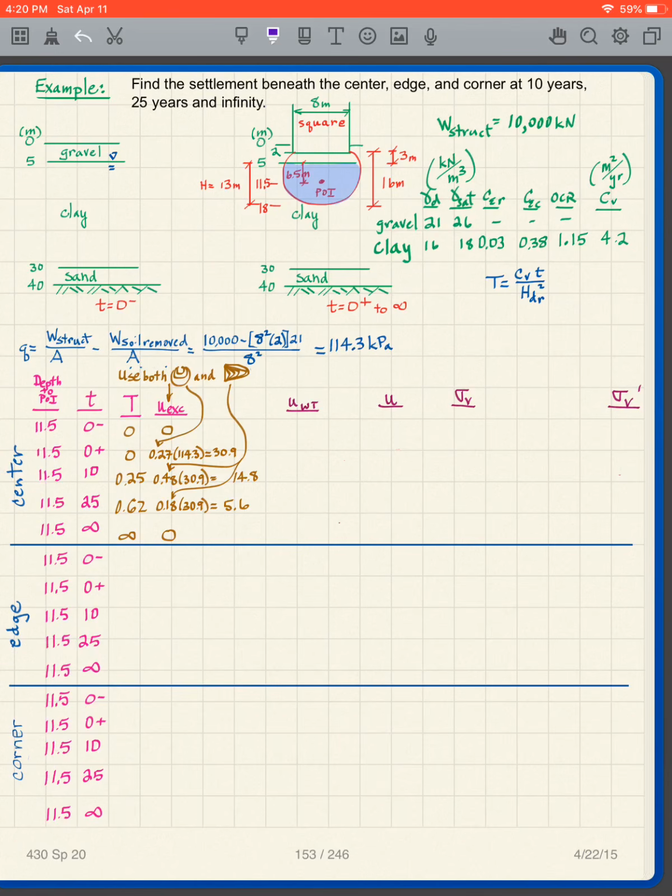The first thing that we do is convert our small t's to capital T's. How do we do that? We use our expression, capital T is equal to C sub V t over HDR squared.